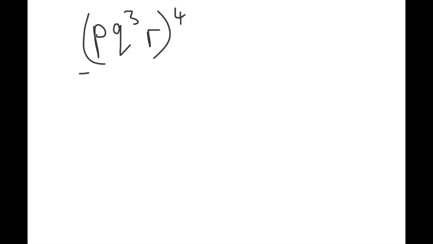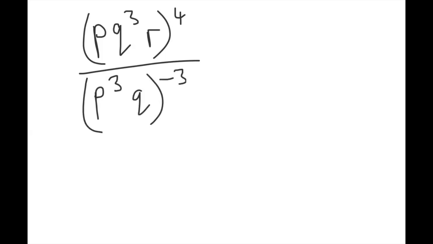Here we have P, Q to the power 3, and R, all of that to the power 4, divide by P to the 3, Q, and all of that to the power minus 3. So let's see how we can break this up.